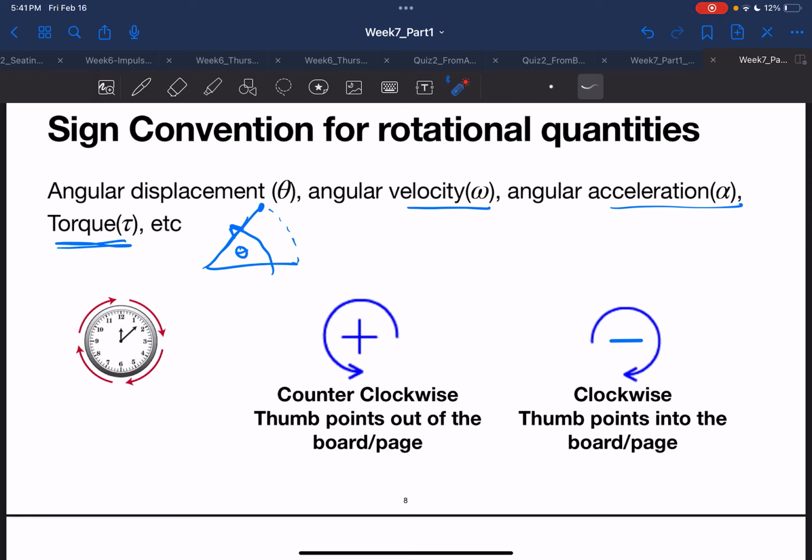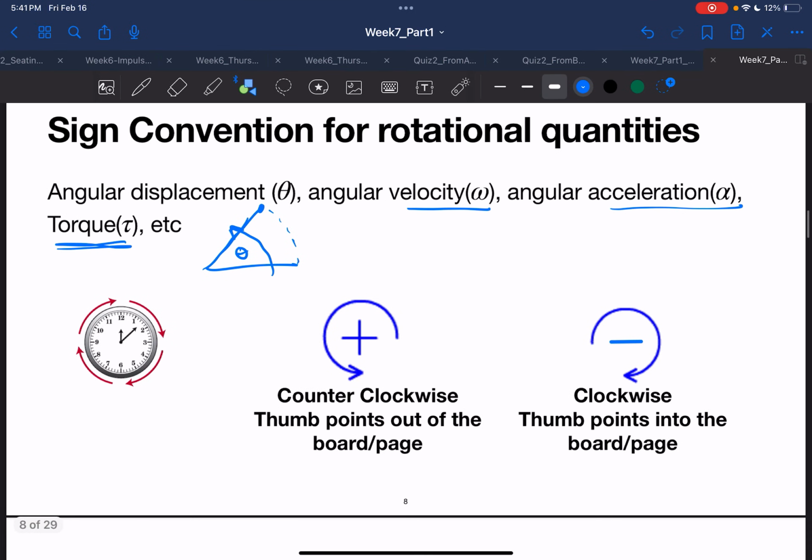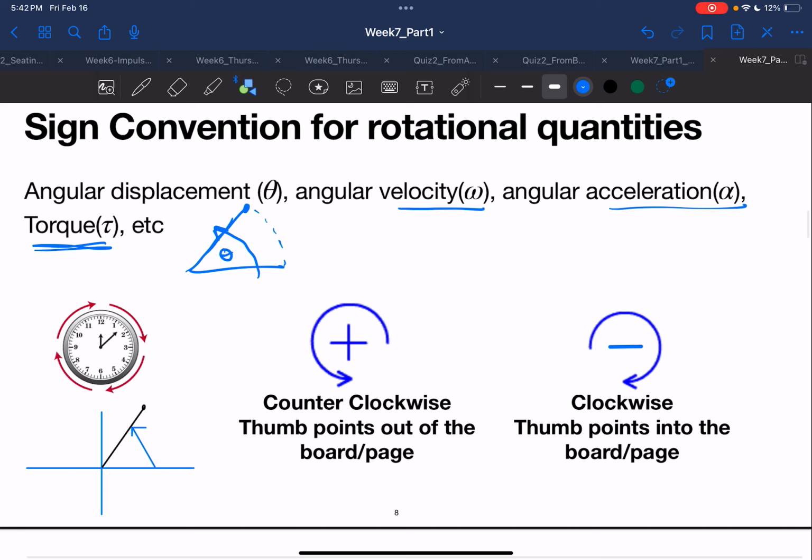The convention we usually follow for angles is, let's say I'm at some location here. Our general convention is starting from the positive x-axis, we go in the counterclockwise direction, and that's usually defined as some positive angle theta.